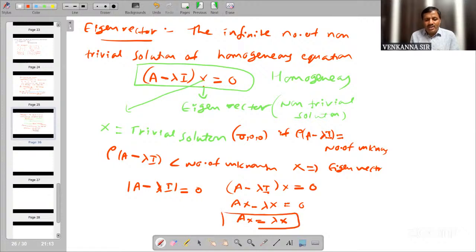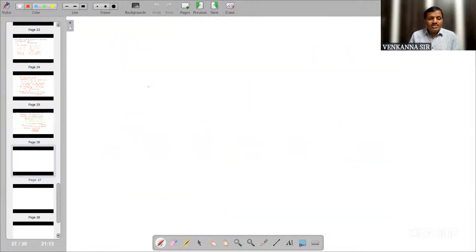Very, very important. There are so many GATE questions on this formula. Here A is a square matrix, x is the eigenvector, and lambda is the eigenvalue. Now, as all of you know, Ax equals lambda x. If you multiply by A again on both sides, A into Ax equals A into lambda x.